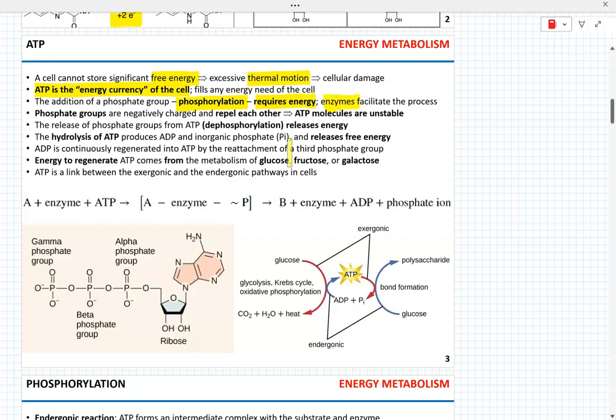Within the ATP molecule, phosphate groups are negatively charged. Therefore, they will repel each other. This repulsion makes the ATP molecule chemically unstable and very easy to hydrolyze. The release of phosphate groups, namely gamma and beta phosphate groups, I want to remind everyone about that.